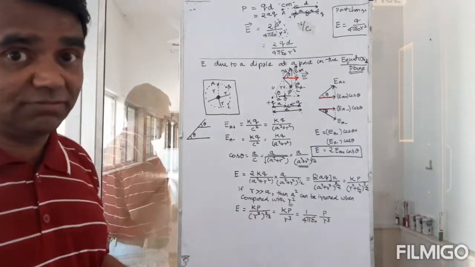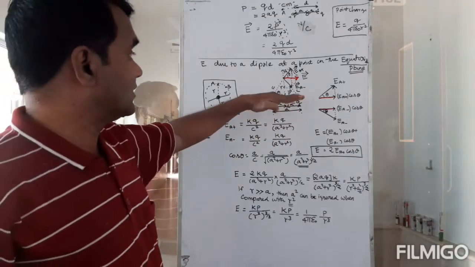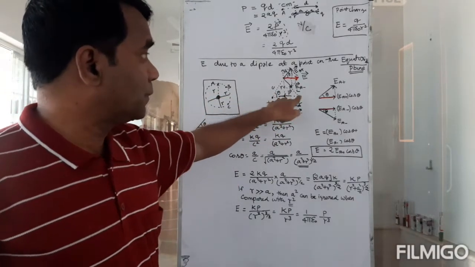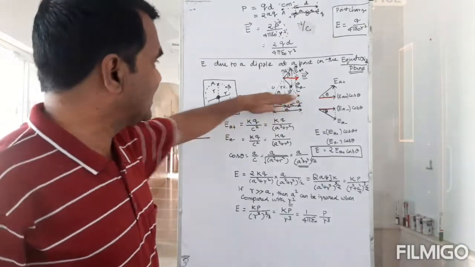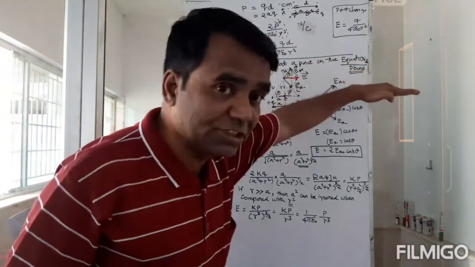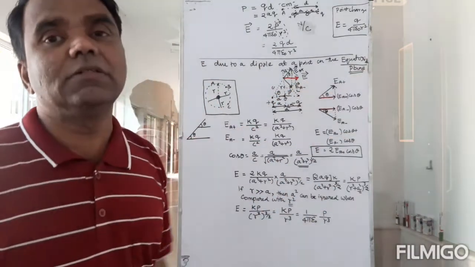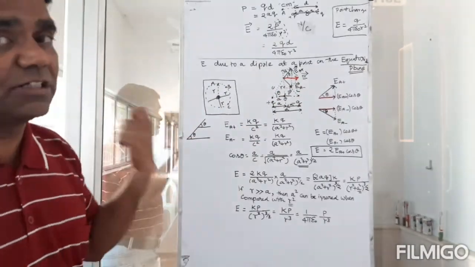Then what's the direction? The direction is opposite to P. Okay? P is in this direction, but E is in that direction. So the direction of the field is opposite to the direction of P, the electric dipole moment.